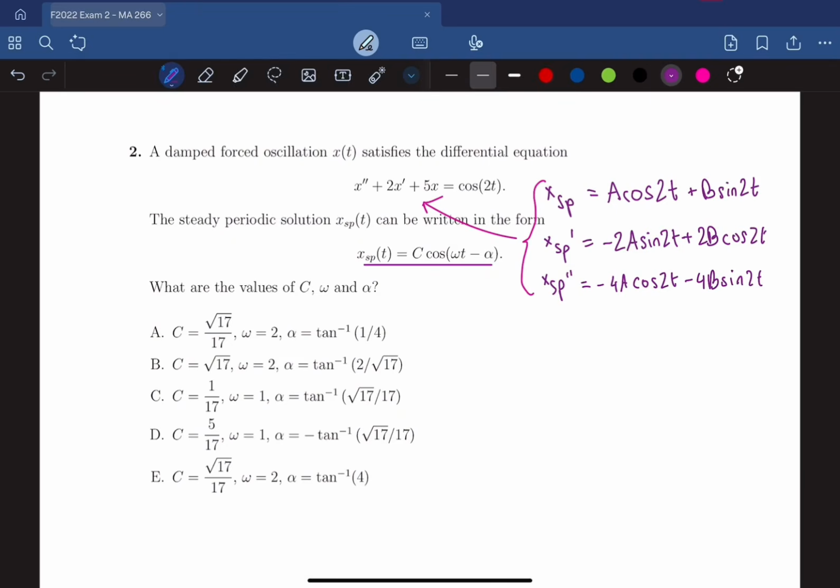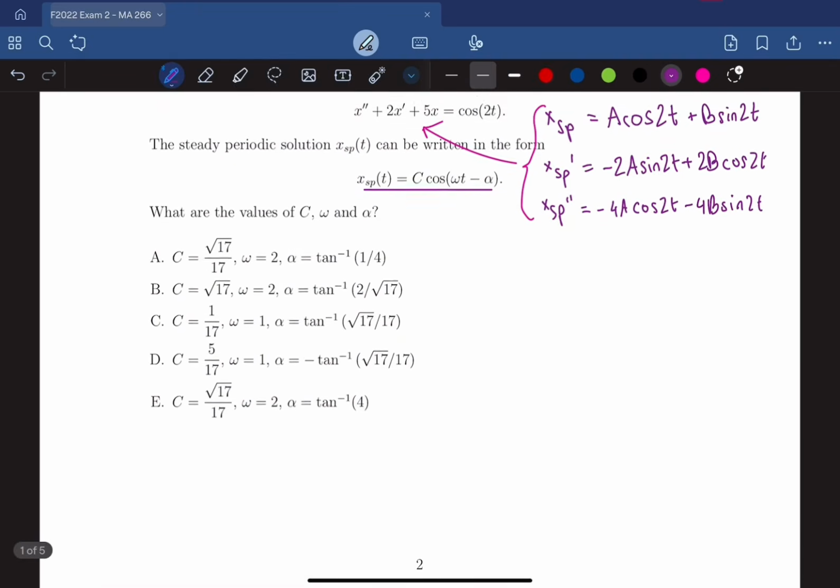What that's going to look like is a little bit long, so I'll scroll down a little bit, like around there. So let's start with x double prime. We have negative 4a cosine of 2t minus 4b sine of 2t. I'm literally just taking stuff from here and putting it here, substituting it into our equation.